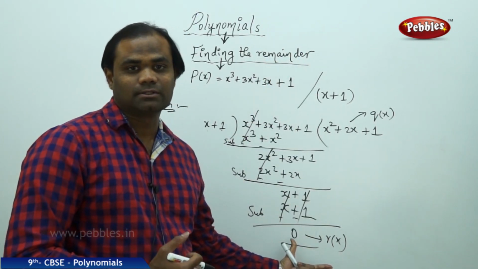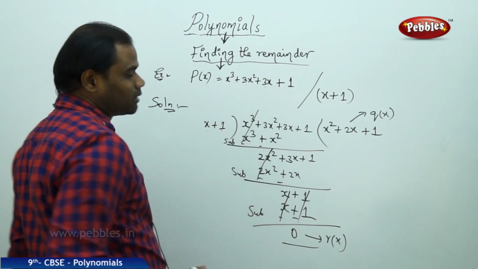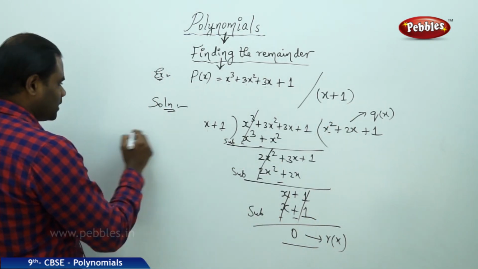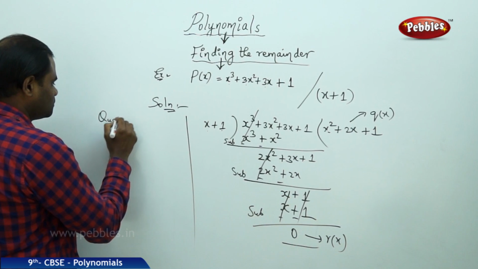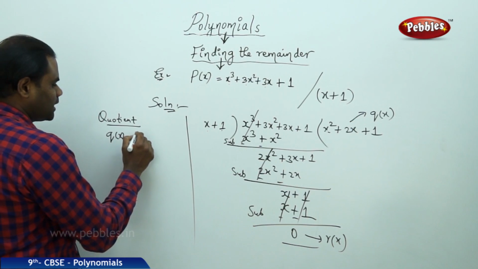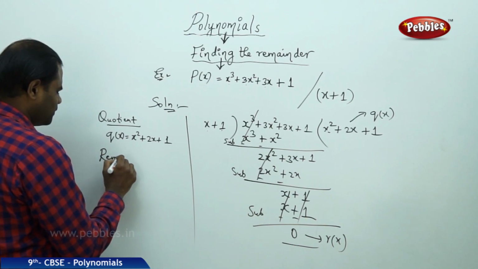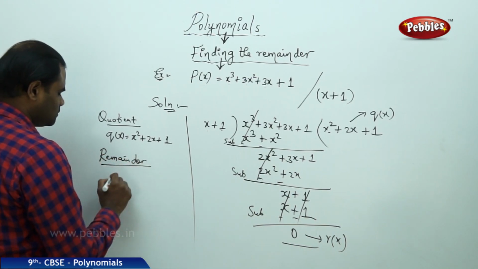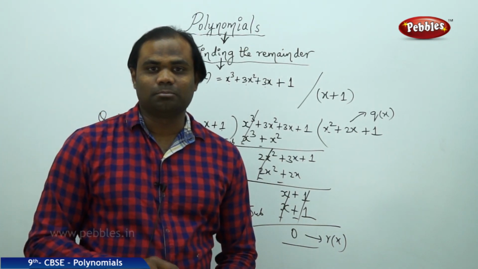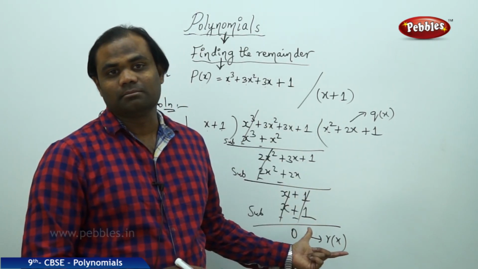Therefore, for the given polynomial p of x equals x cubed plus 3x squared plus 3x plus 1, when divided by the other polynomial x plus 1, I get my quotient q of x as x squared plus 2x plus 1, and my remainder r of x is 0. That is how we understand the process of finding the remainder and the quotient using the long division method.